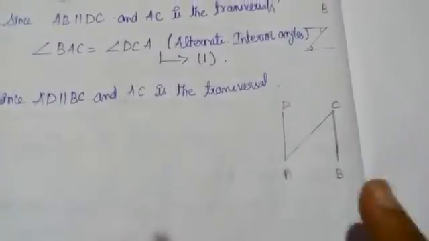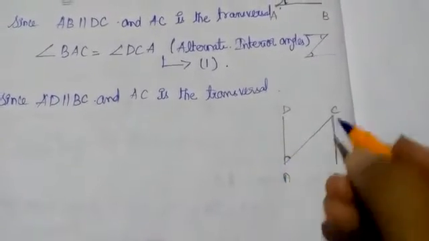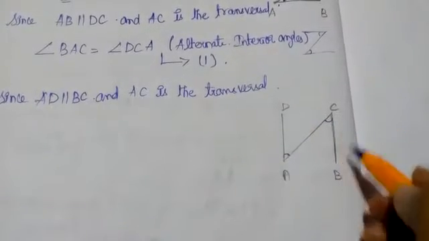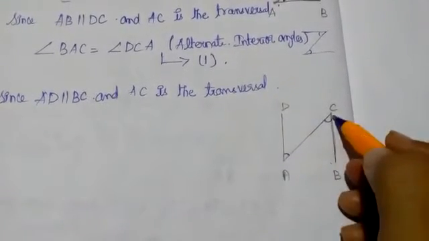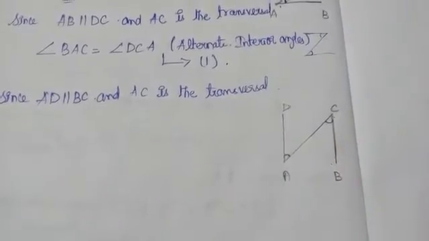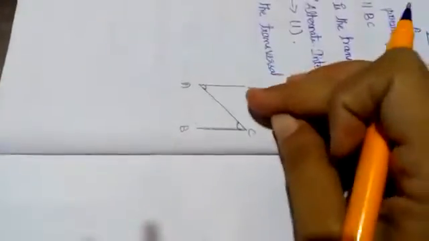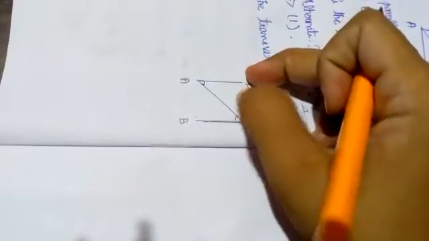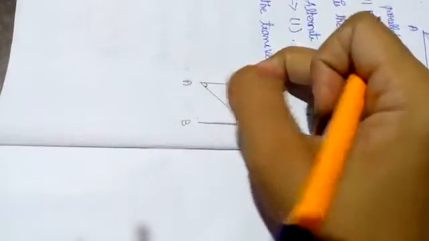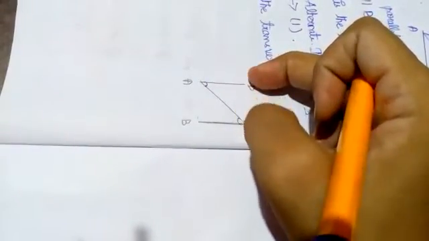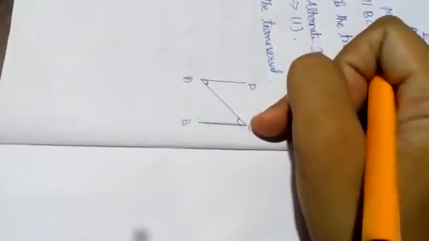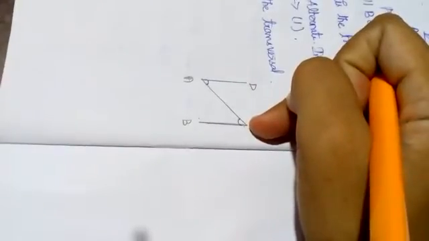Now where are the angles formed? Here one angle is formed and here one angle is formed, isn't it? They are angle DAC and angle BCA. Again, these two angles are formed between the two given parallel lines, so they are interior angles and lie on different sides of the transversal, in the form of Z. So they are alternate interior angles, and we know that they are equal.